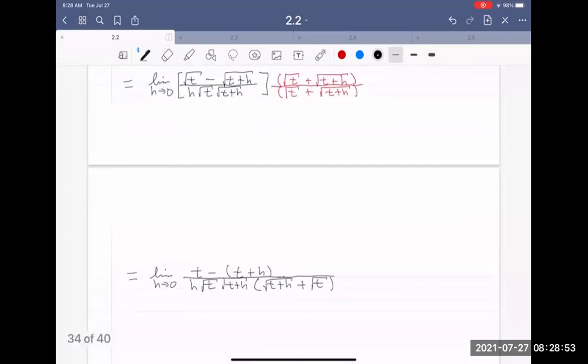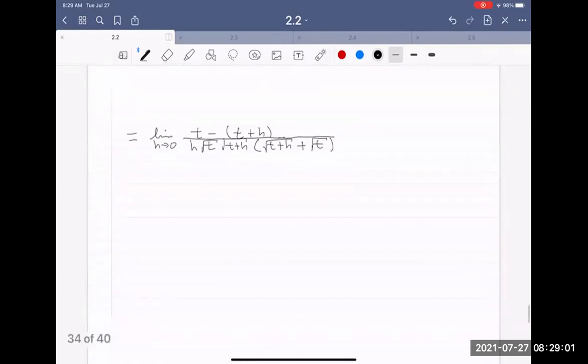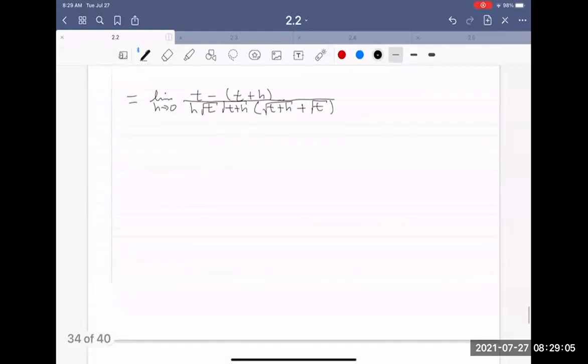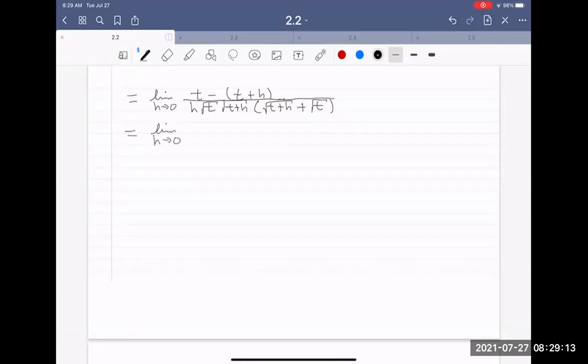And so let me get rid of the parentheses in the numerator. So this is equal to the limit as h approaches 0 of t minus, actually I should change all the signs.